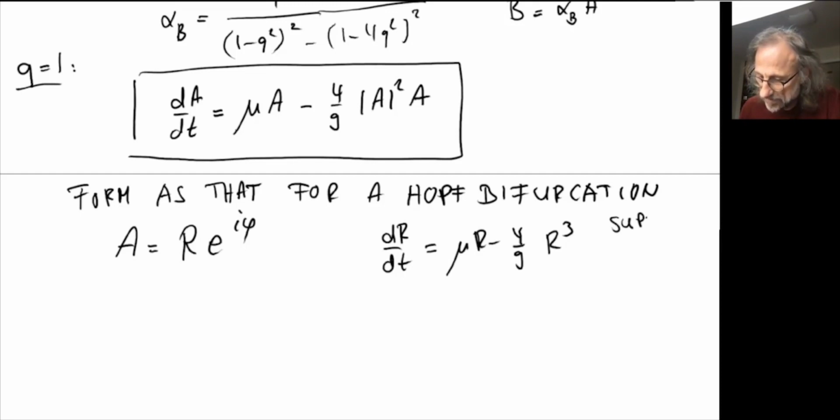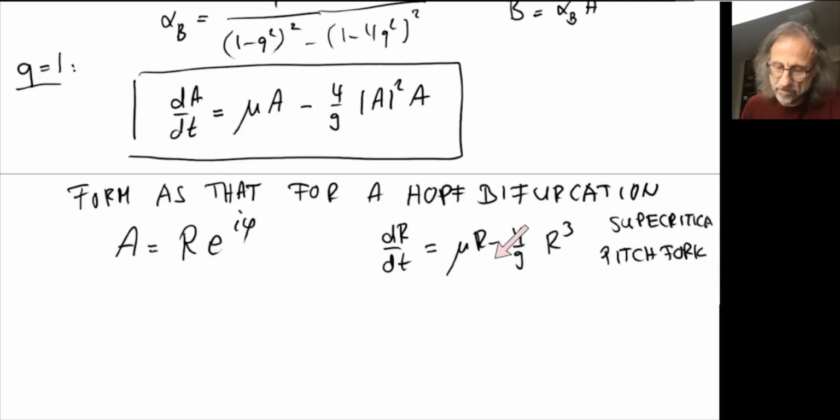So this pattern arises in a pitchfork bifurcation, which happens to be supercritical in this case. That's because we have minus 4/9.